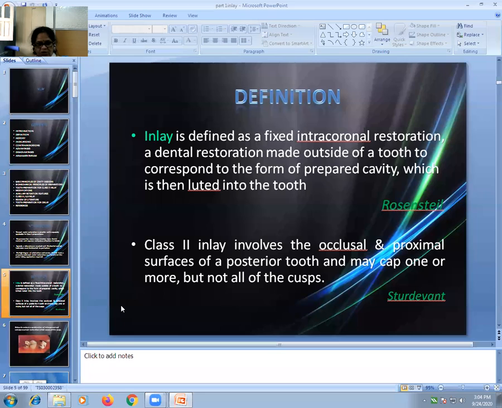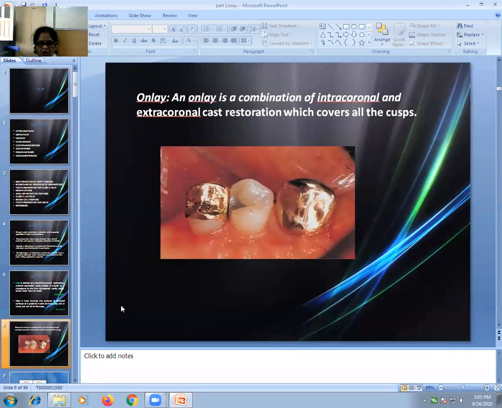It may cap one or more cusps, but not all the cusps. This is a very important point. When we cover all the cusps, then it becomes the onlay.